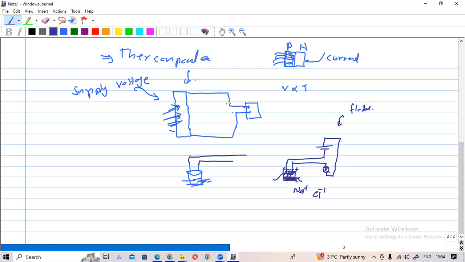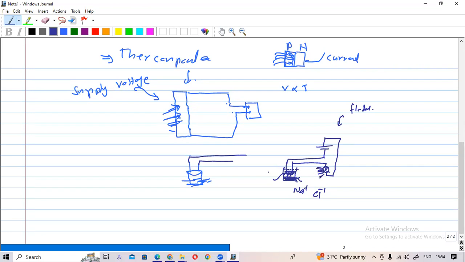Now this cable will be short circuited, the circuit will be closed, and the current will flow through it. Then the bulb will light up. That is the sensing.